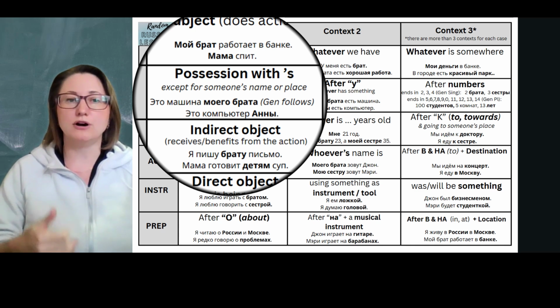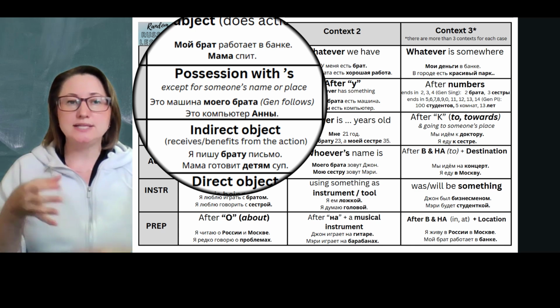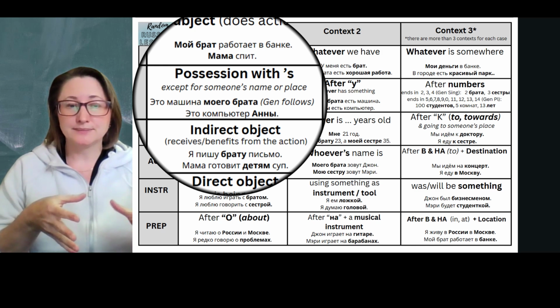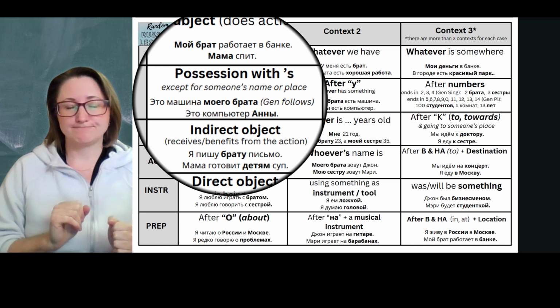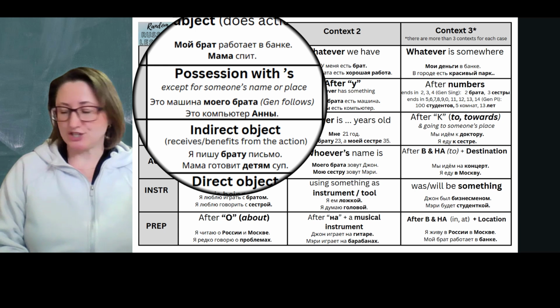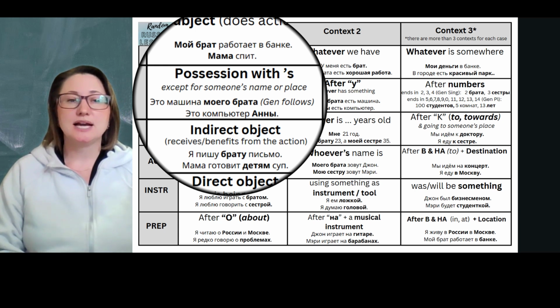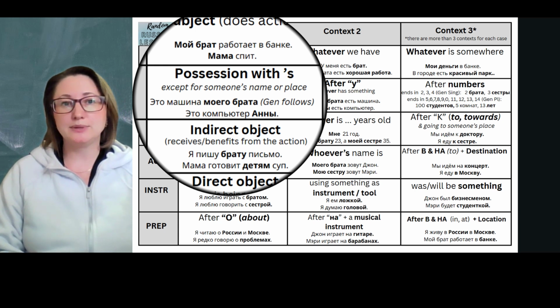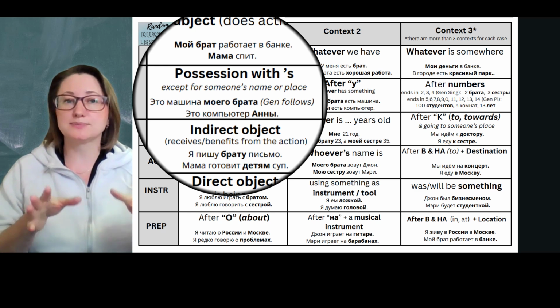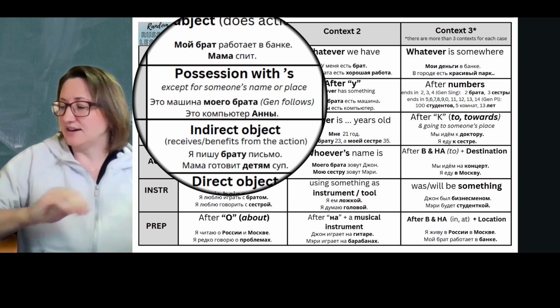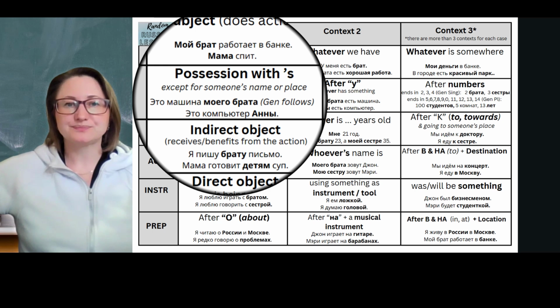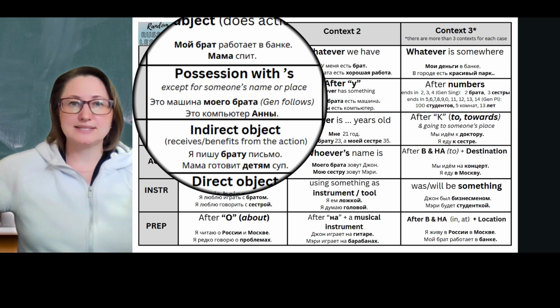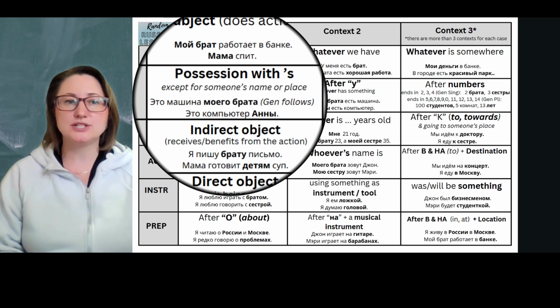This is the computer of Anna. So genitive follows the item that the person owns. So that's our possession with apostrophe s. And once again, I'll talk about someone's name and place being an exception from this specific set of rules in other tutorials.